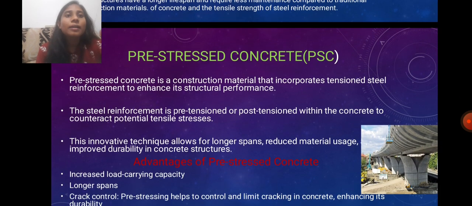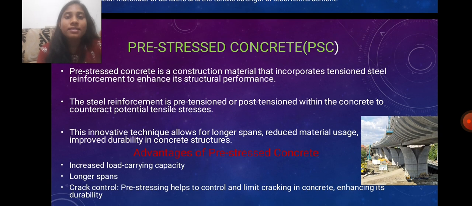The last of these types of concrete is pre-stressed concrete, that means PSC. Pre-stressed concrete is a construction material that incorporates tension steel reinforcement to enhance structural performance. The steel reinforcement is pre-tensioned or post-tensioned within the concrete to counteract potential tension stress.